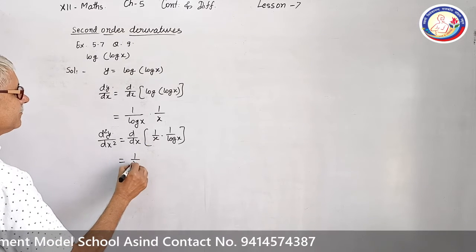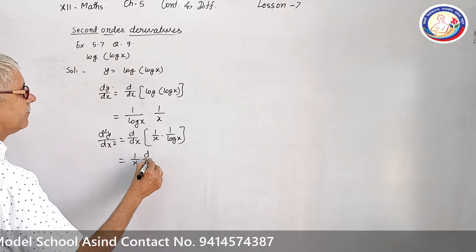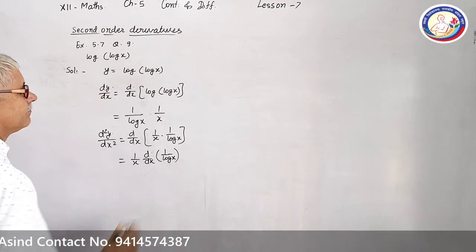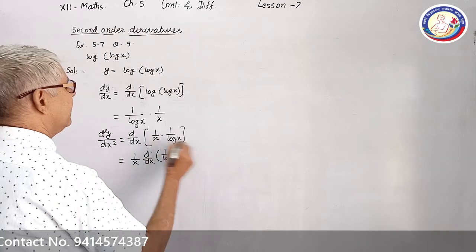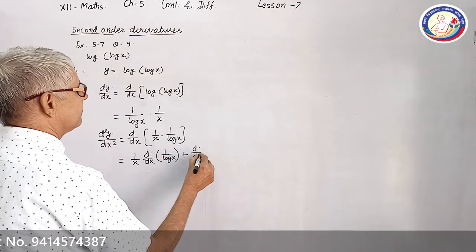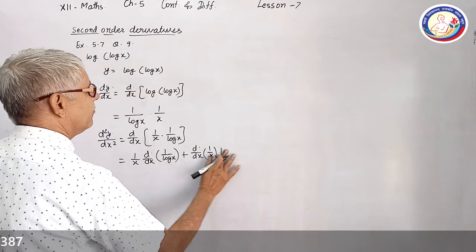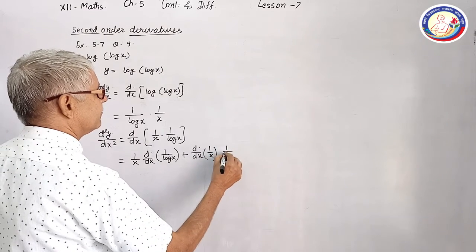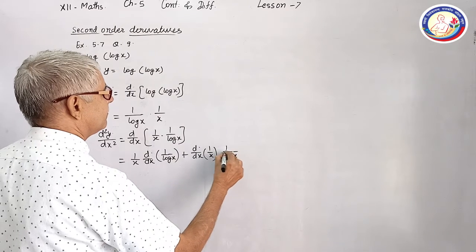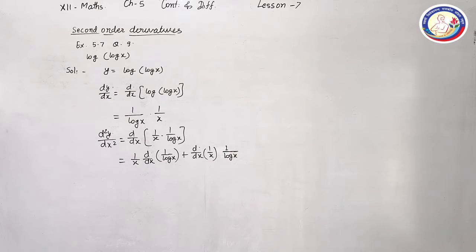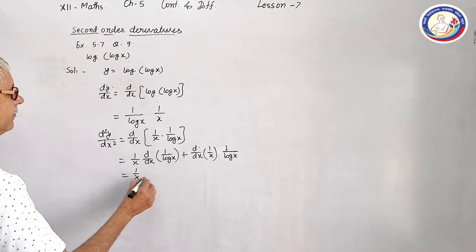Keep this as it is, and derivative of 1 upon log x, plus derivative of 1 upon x, and keep 1 upon log x as it is. Now it will be 1 upon x.